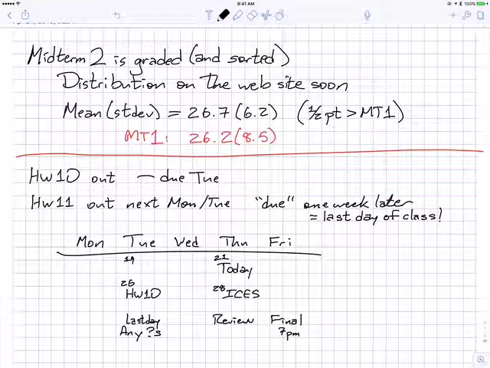There'll be a form for you to sign if you, for some reason, need to take a conflict exam. I know there are a couple of people who are taking both this class and applied machine learning, for example. The way that final exams are scheduled is that they're scheduled according to when the actual classes meet.